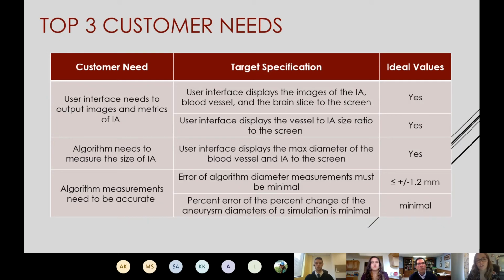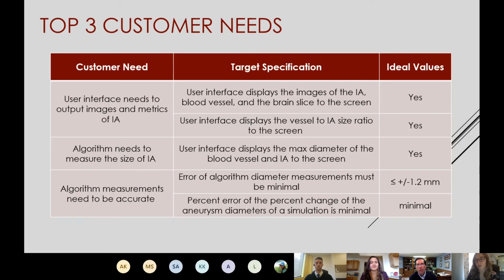The next customer need includes the algorithm needing to measure the size of the aneurysm, with the target spec of the user interface displaying the max diameter of the blood vessel and aneurysm to the screen. Our last customer need includes the algorithm measurements needing to be accurate, which goes along with the 2 target specs of the error of the algorithm diameter measurements needing to be minimal, and the percent change of the aneurysm diameters of a simulation to be minimal as well.